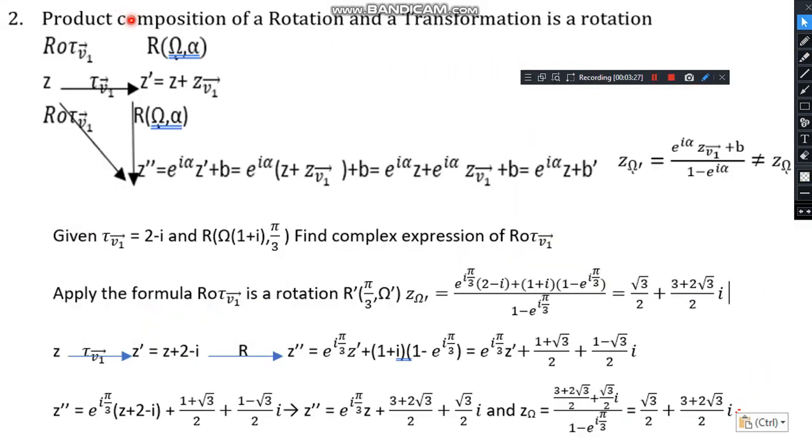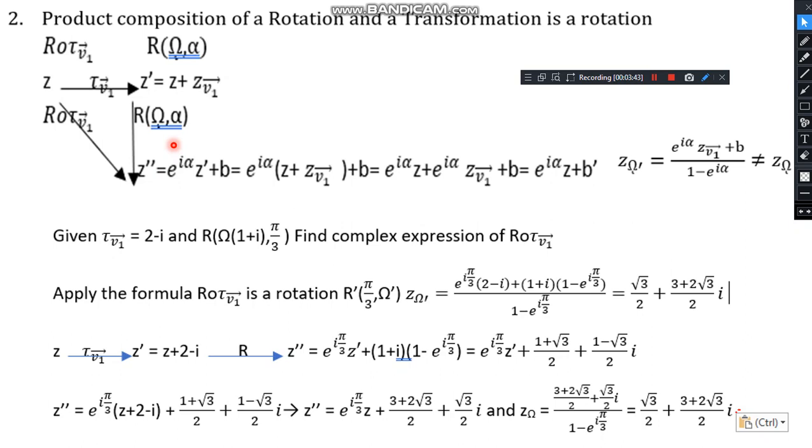Now the composition of a rotation and a translation. A rotation rho translation is a rotation. How do we do it? Suppose you have Z. First of all, you do T V1. You have Z prime equals Z plus V1. Now we have a rotation of center gamma and angle alpha.